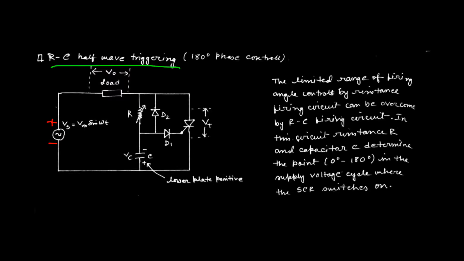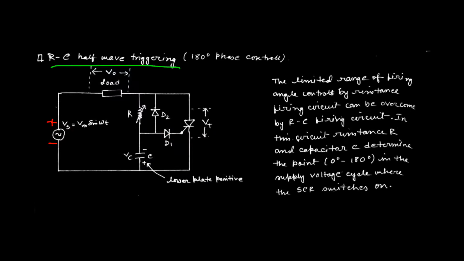Suppose the voltage appearing across the capacitor is Vc, the gate to cathode voltage is defined by VGT, and the voltage drop during conduction across the diode D1 is Vd.